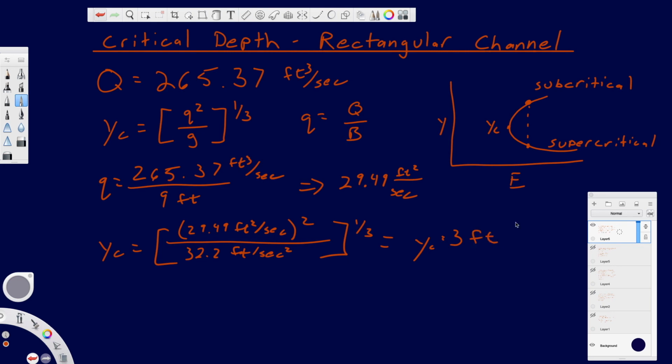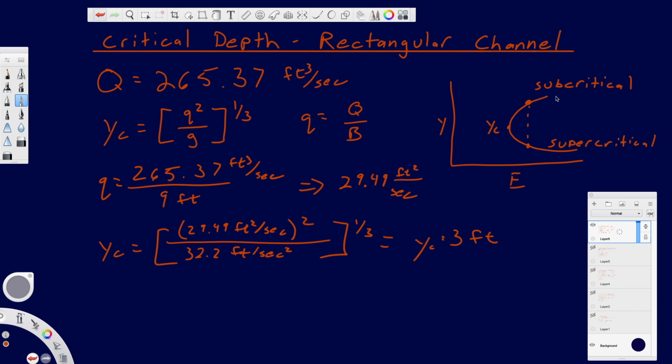Okay, so now that we've solved for critical depth, what does that even mean, right? Critical depth is kind of the exact balance between subcritical and supercritical flow. It's defined mathematically as the lowest energy point.